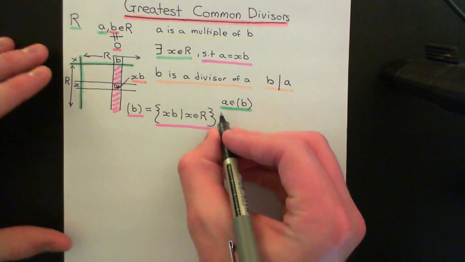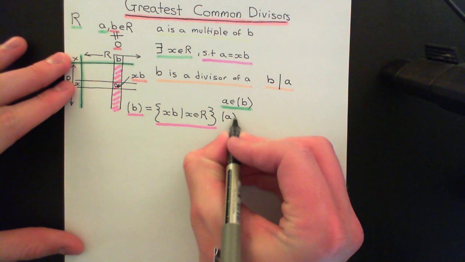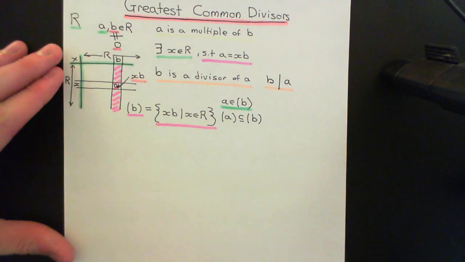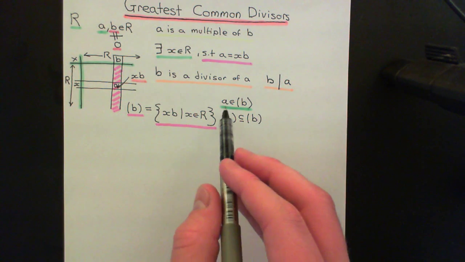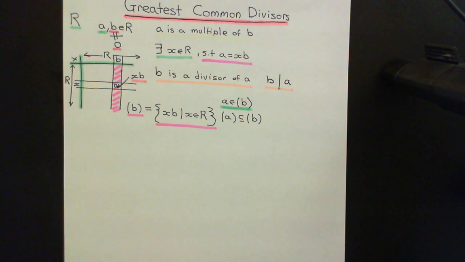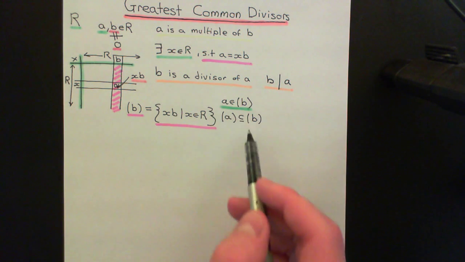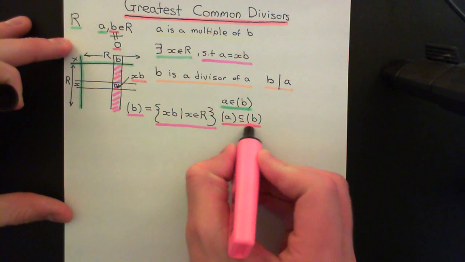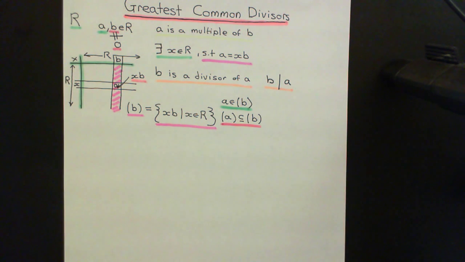So that must mean that the entire principal ideal generated by A is a subset of the principal ideal generated by B. As soon as you know that an element is in an ideal, you know that its entire principal ideal generated by that element is in that ideal, because an ideal has to be closed under multiplication by the larger ring.